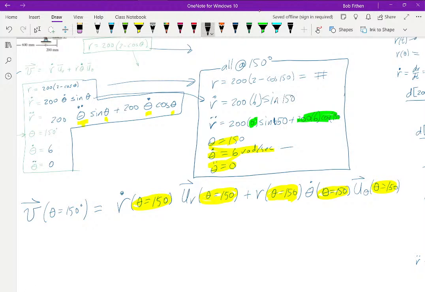So in all these, you get a number, a number, a number, and a number.